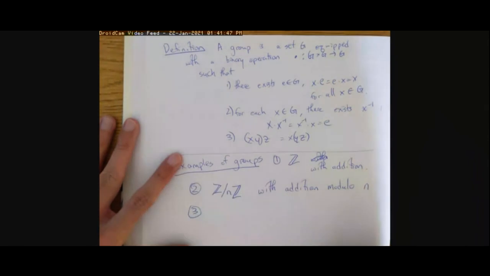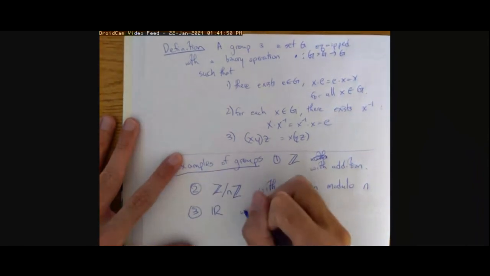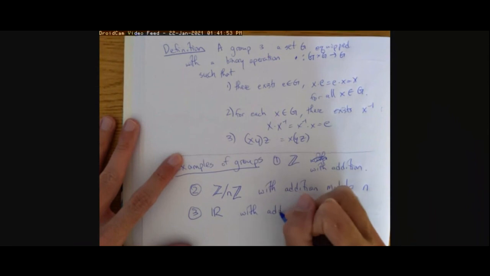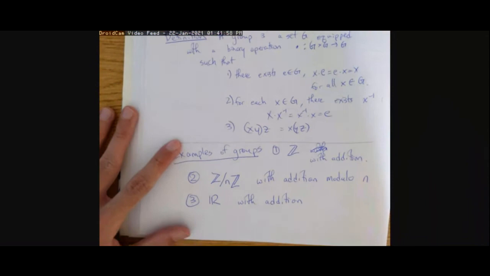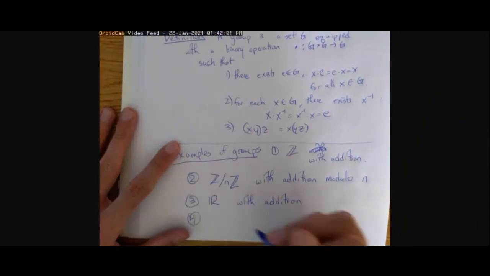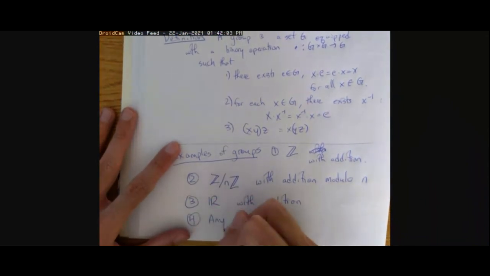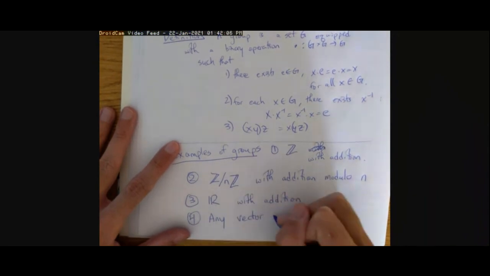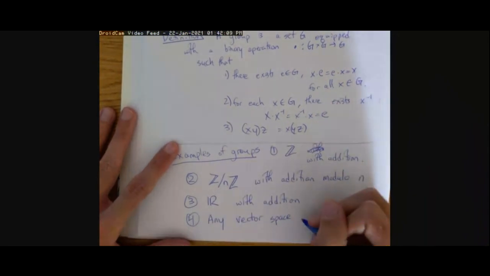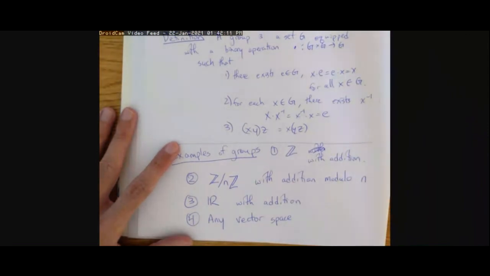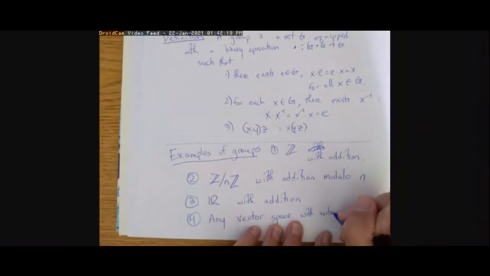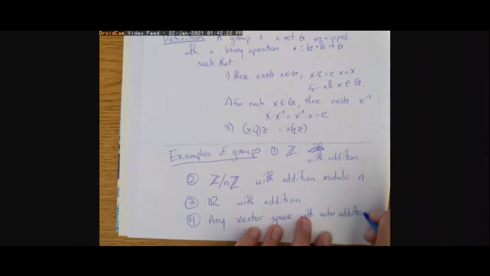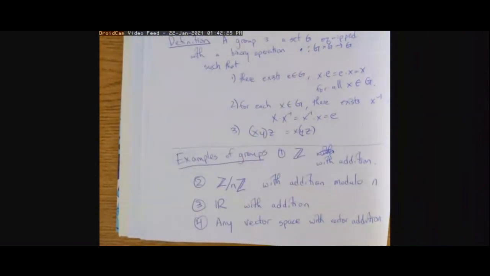And lots of other examples. The real numbers under addition. Any vector space, whatever vector space you have, take the operation to just be the addition of vectors.